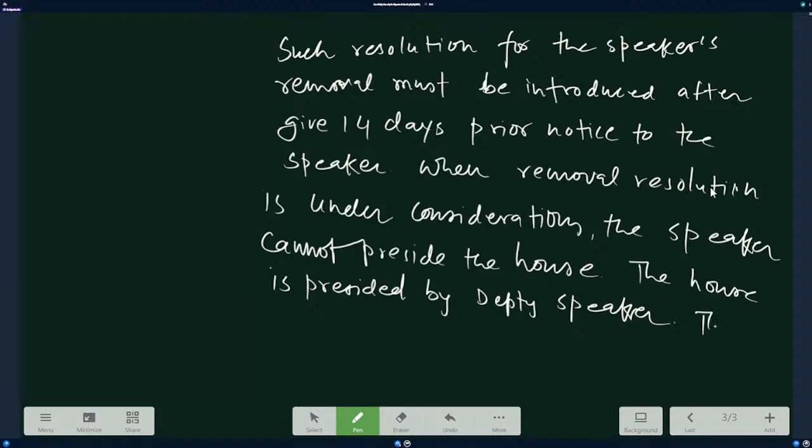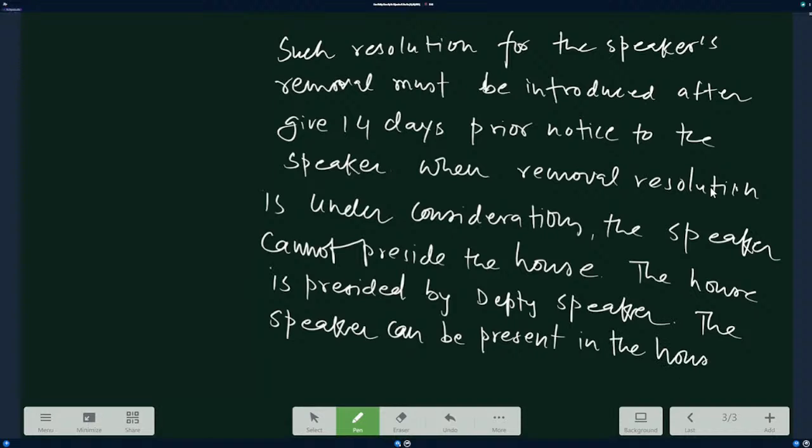The speaker can be present in the house and he can vote in the first instance.